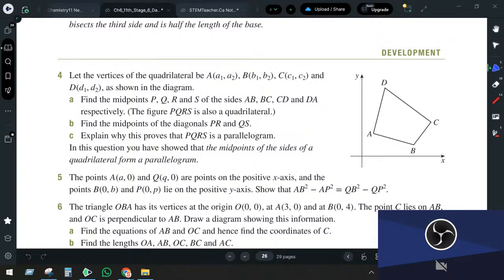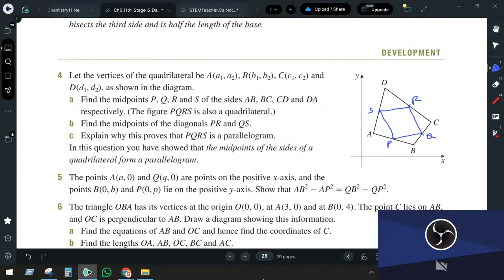The figure PQRS is also a quadrilateral. Of course, it is a quadrilateral.